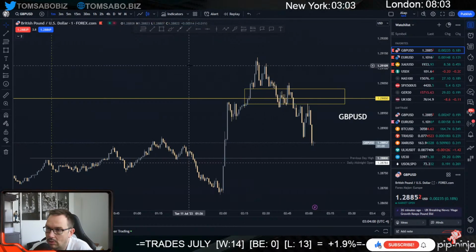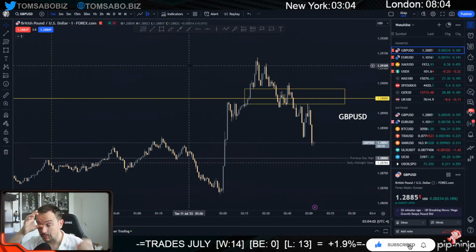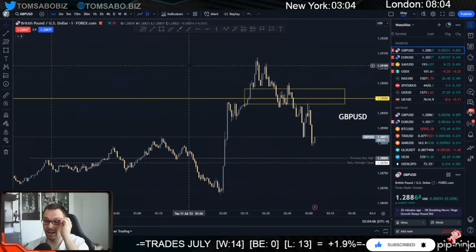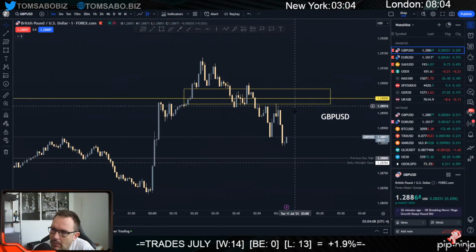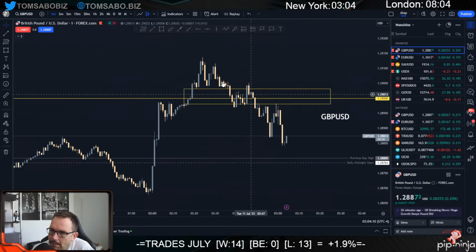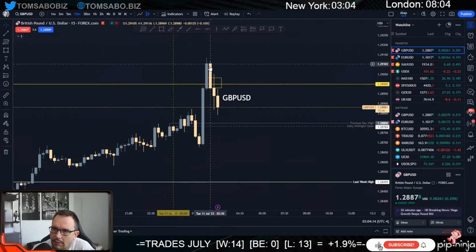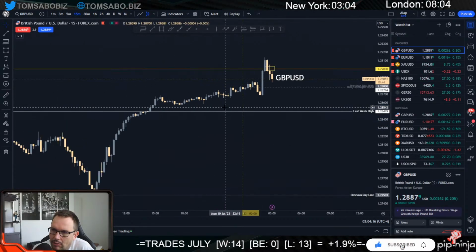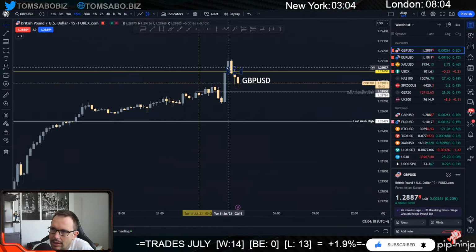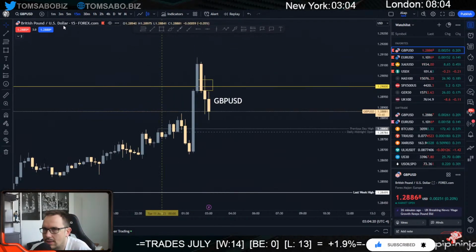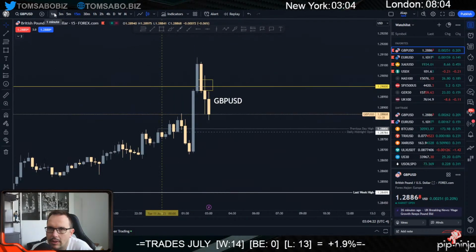Have to be careful, because I got confused as well. I'm looking for the pound, and the only reason I did not take the pound short is because we are in the 15-minute pound, around equilibrium. So if it wants to go higher, who knows where the next draw on liquidity is.